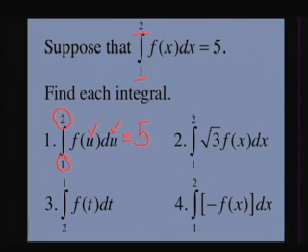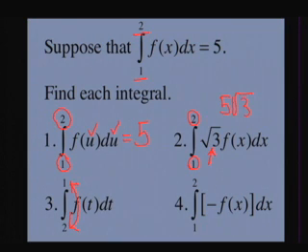In problem number 2, we have the same bounds, and this time we're multiplying by a constant, the square root of 3. And we know that when you multiply the function by a constant, you simply multiply the integral itself, which is 5, by that constant.